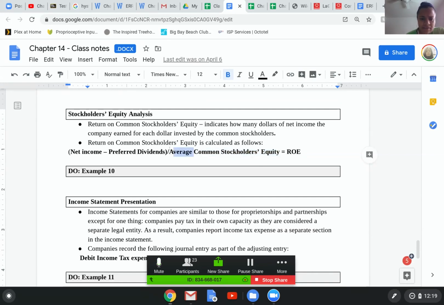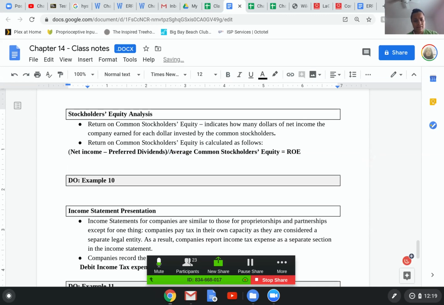Average is, and I'll show you this in our calculations in a minute, and I'll just write it here in case someone wants to take it down, average means the beginning balance plus the ending balance divided by 2. All right. So we're talking about the beginning balance on common stockholders' equity plus the ending balance on common stockholders' equity.